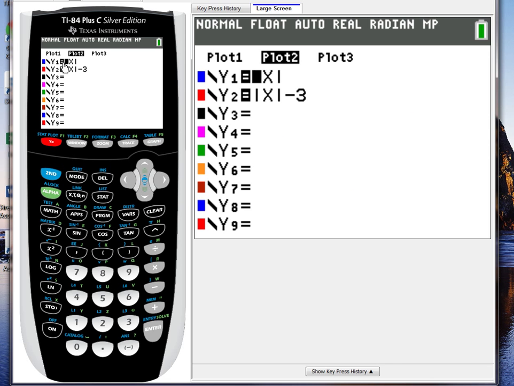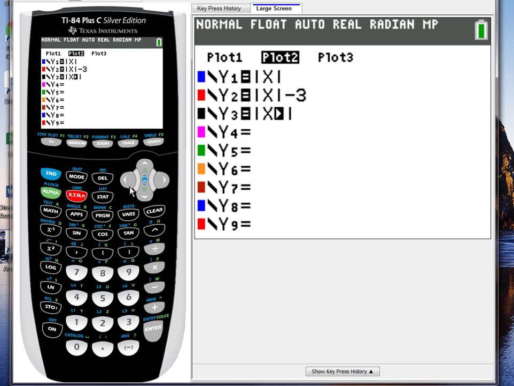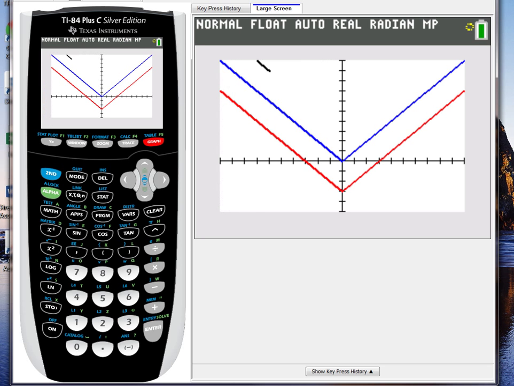So now we've got our parent function in blue, subtracting 3 in red. Now in black, let's take a look at what happens when we take our function and outside the brackets add 3. Let's see if it's what you think it is.